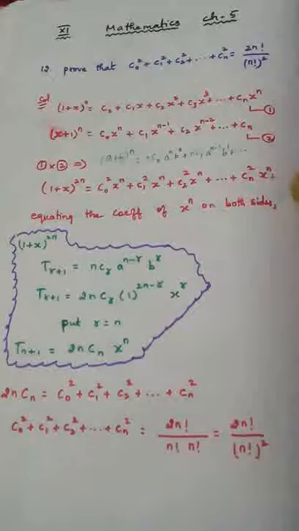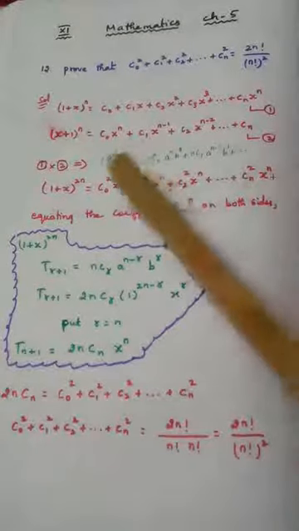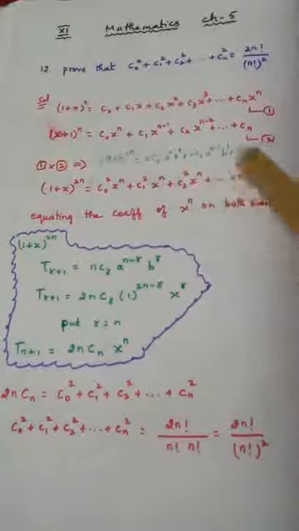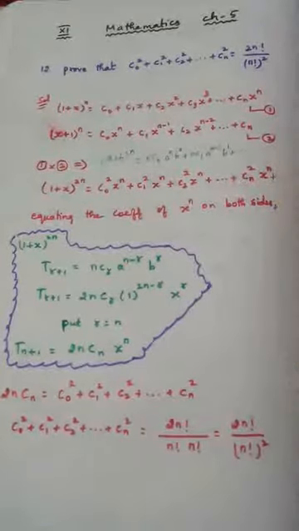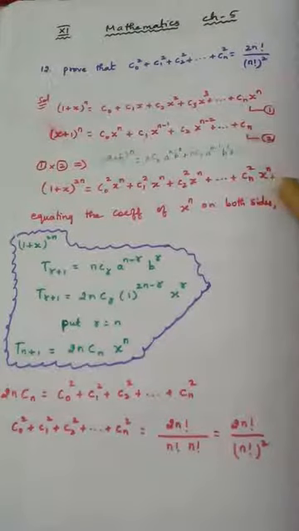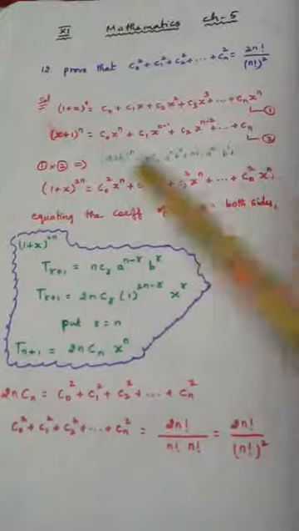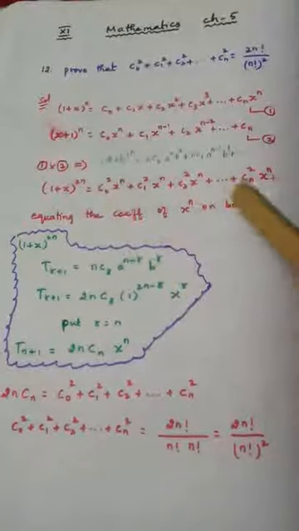Other terms I am not worried about because x power n will not come in other terms. Only x power n will come in these terms alone. That is why I am putting plus etc. Many terms will follow, but I don't want that because I am going to equate the coefficient of x power n on both sides. That is why I am collecting x power n terms alone.